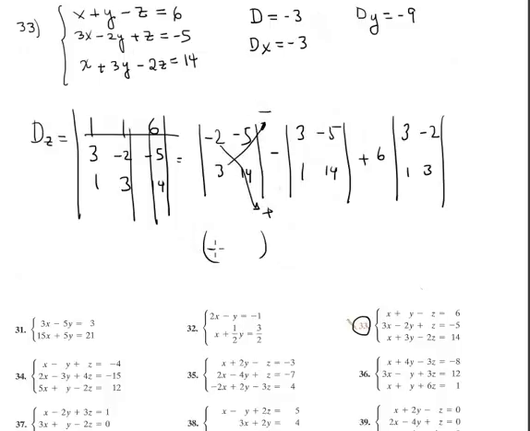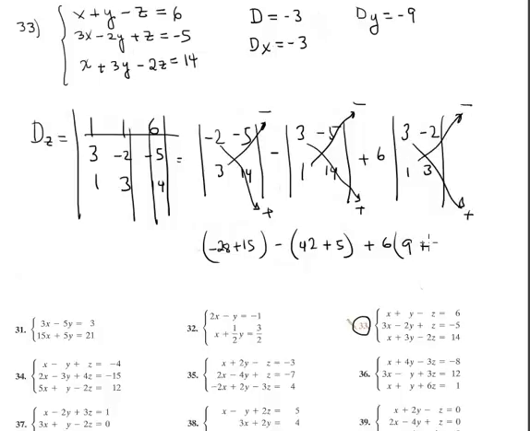is minus 28 plus 15, because negative positive, minus, plus, and minus again, is 42 plus 5, plus 6 times, and 9 plus 2.